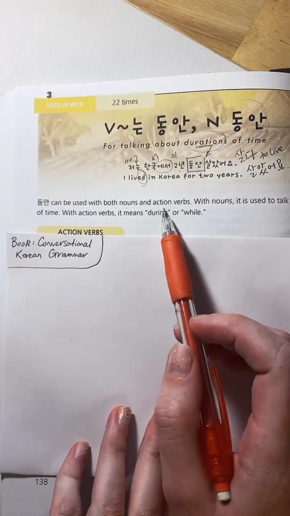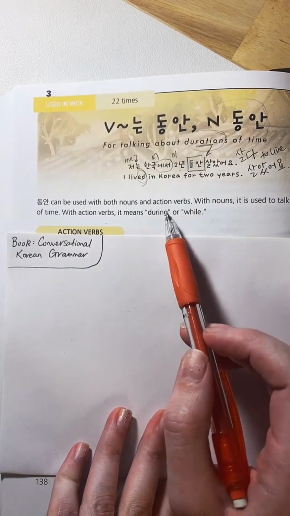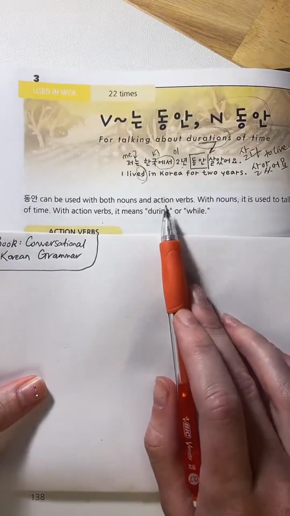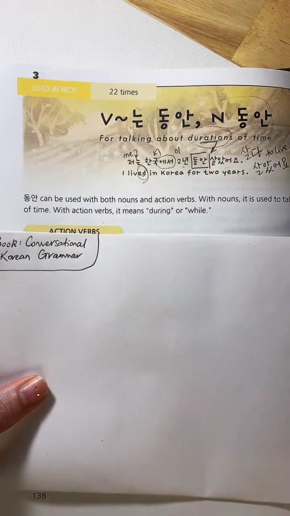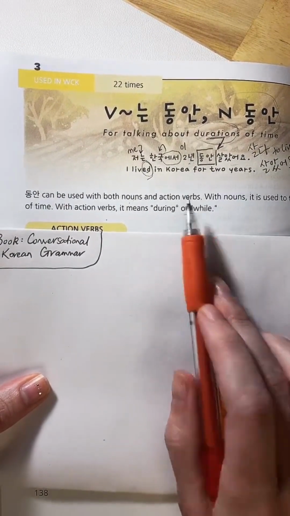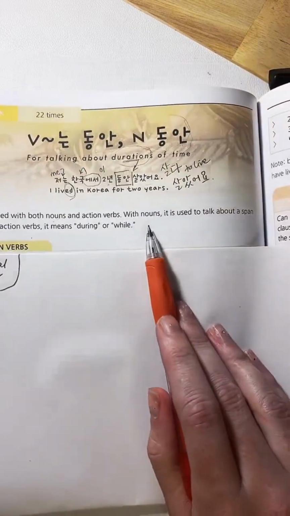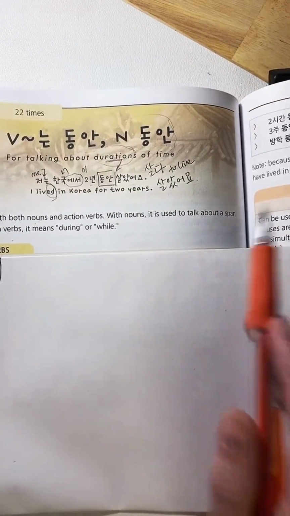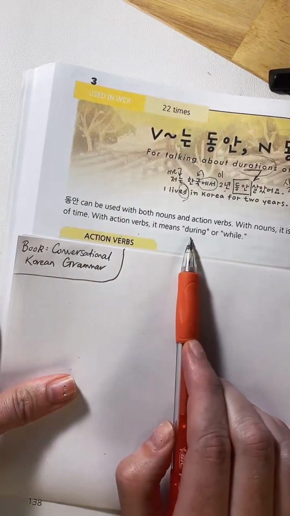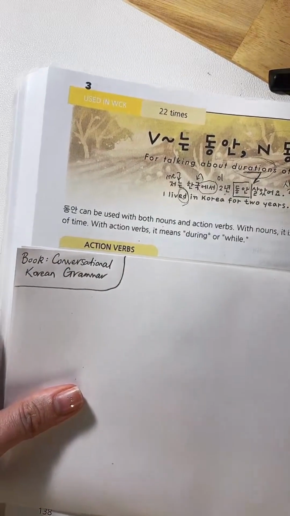So it has to be either a noun or an action verb. So an action verb is things like eat, drink, sleep, walk, things like that. With nouns, it's used to talk about a span of time. With action verbs, it means during or while.